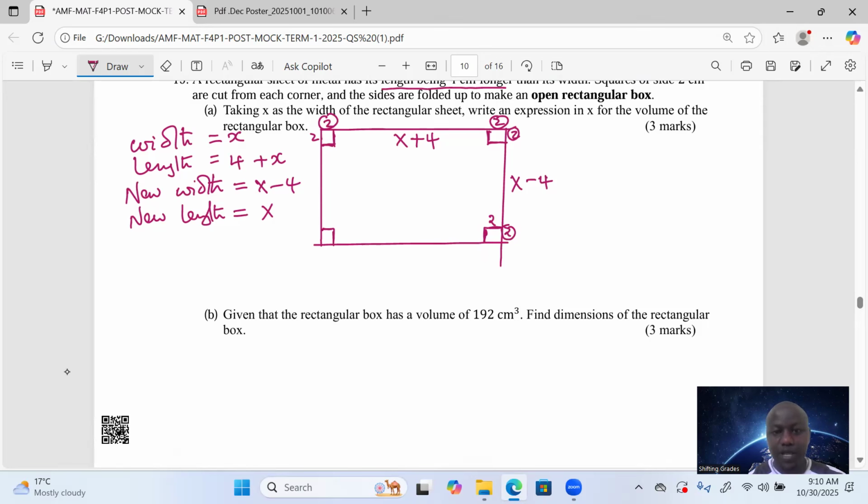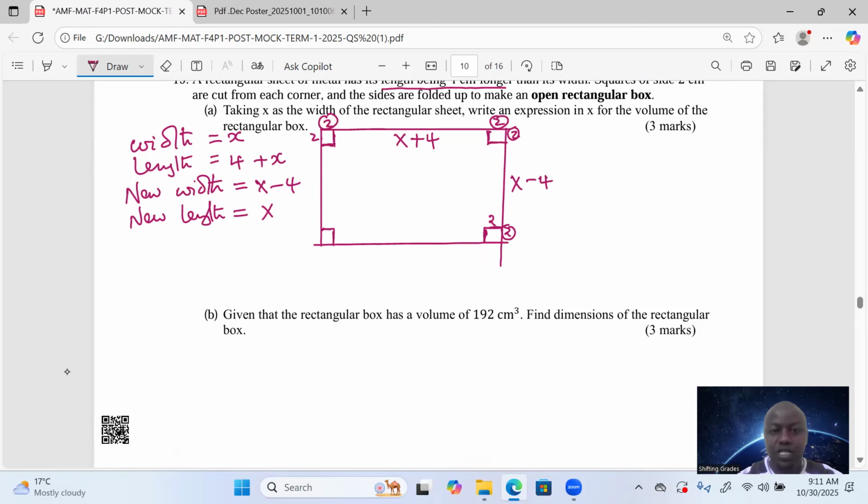Taking x as the width of the rectangular sheet, write an expression in x for the volume of the rectangular box. So the volume shall be, when you fold up these, I want you to know something. We've cut some squares at the ends.